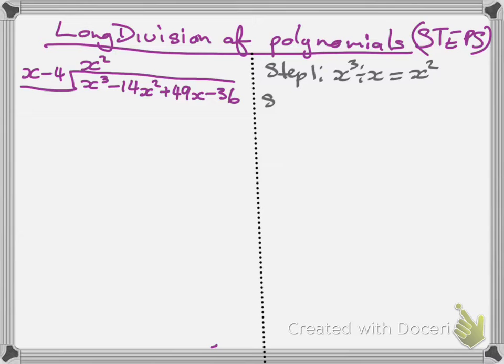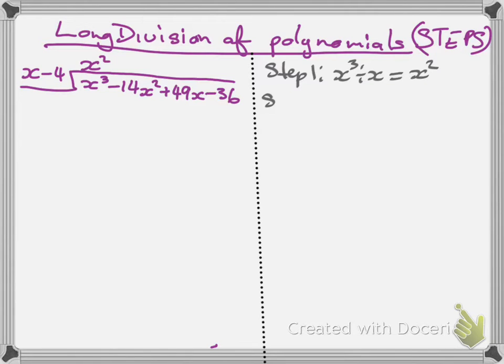first term of the dividend, so which is the quadnomial under the division sign, by the first term of the binomial divisor. You divide x to the power of 3 divided by x, x being the first term of the binomial divisor.